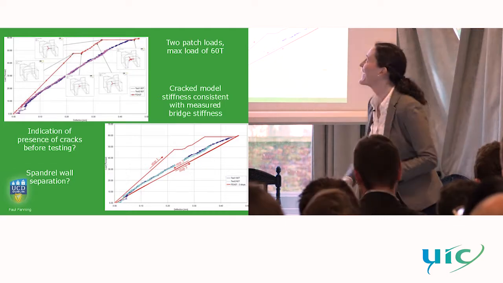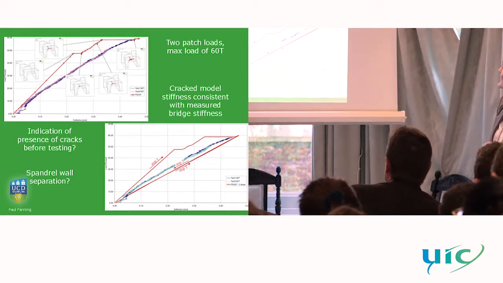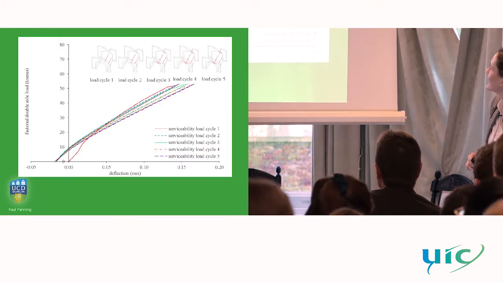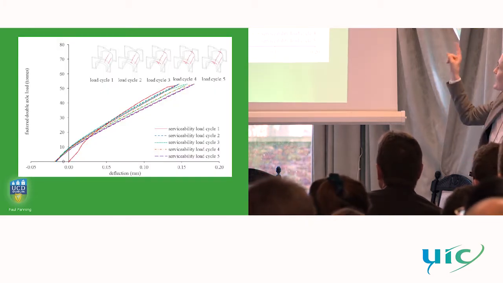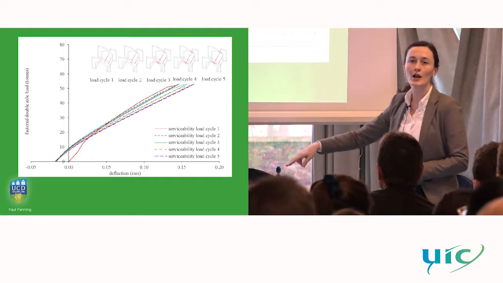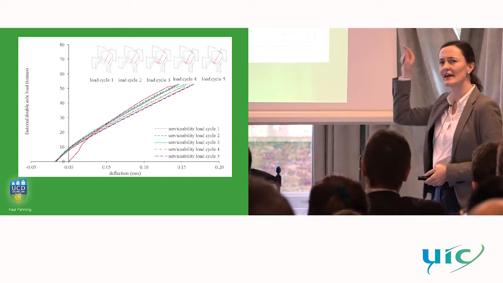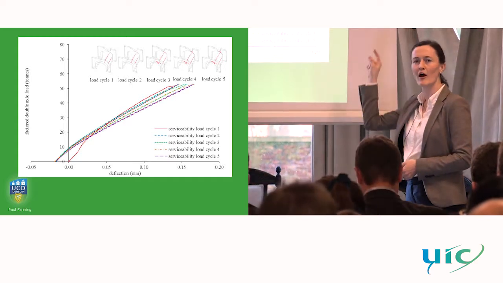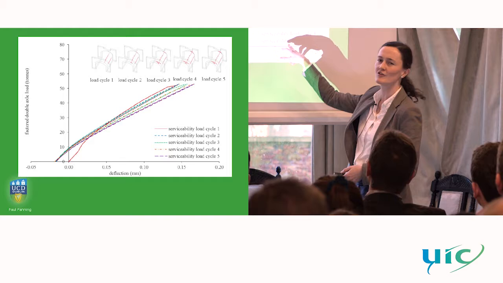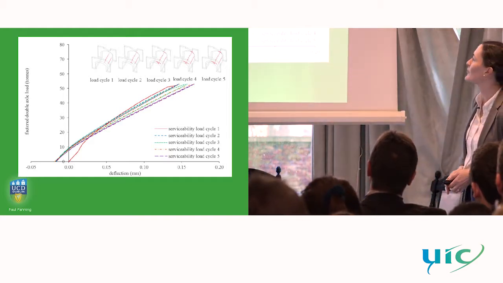These are some of our high-level load tests, up to 60 and 80 tons. And then again, we repeated the exercise of doing serviceability load cycles up to the 53 tons. With this bridge, we didn't get a repeatable response on our first couple of load cycles, and it actually took 5 load cycles in order to stabilize the behavior.